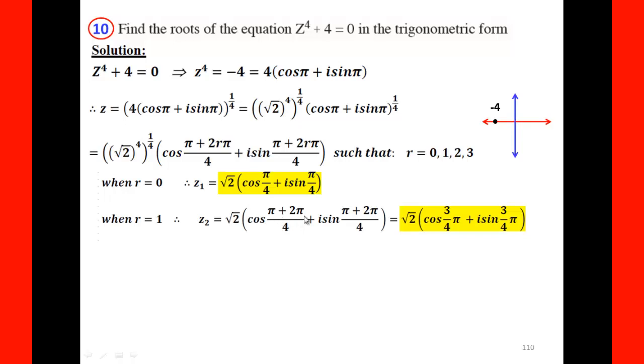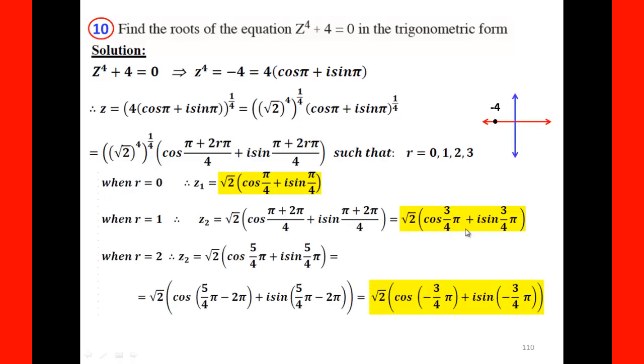So we have 3 pi over 4 plus I sine 3 pi over 4, which equals root 2 cosine 3 pi over 4 plus I sine 3 pi over 4, and the amplitude of this complex number is included between negative pi and pi.